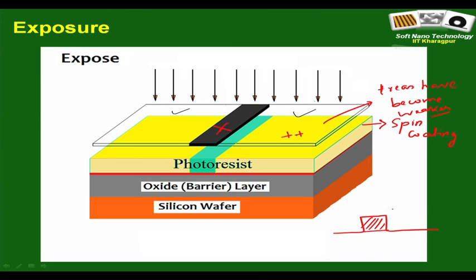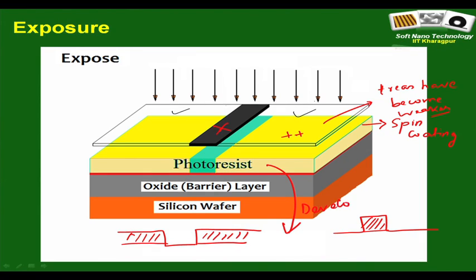This is the remaining photoresist layer, and if you instead are using a negative photoresist, you will be getting a profile like this. So, these areas have strengthened. Of course, from here to here, there will be one more step associated, and that will be the step of development.